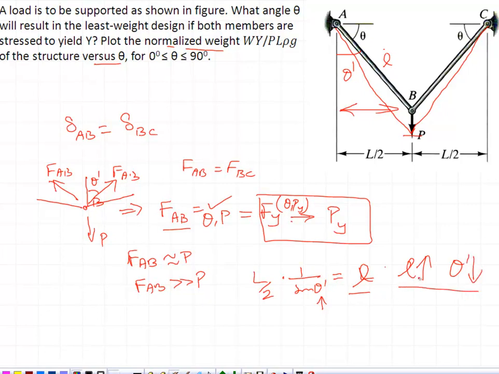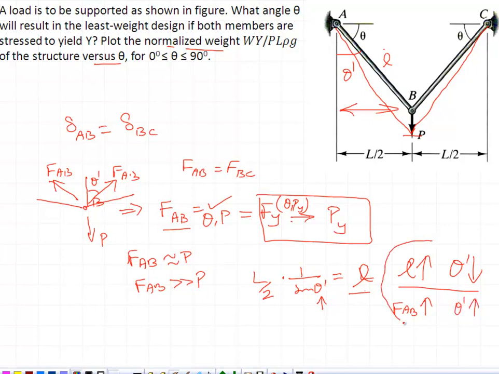Okay, so we have this scenario, but the force also comes down. But if FAB is to be greater, then the length will come down. Therefore, we have the other scenario where FAB in fact goes up as theta prime goes up.